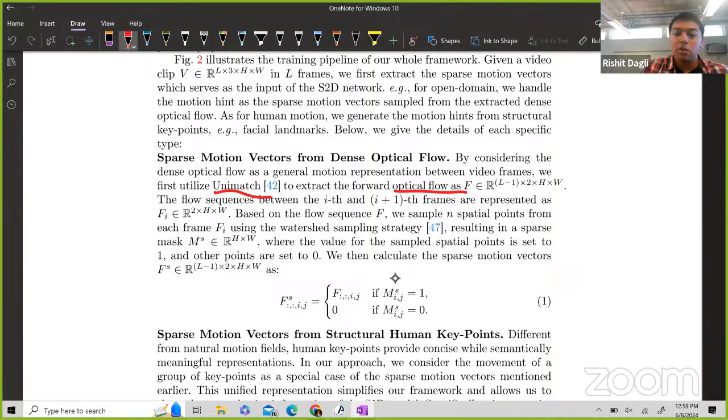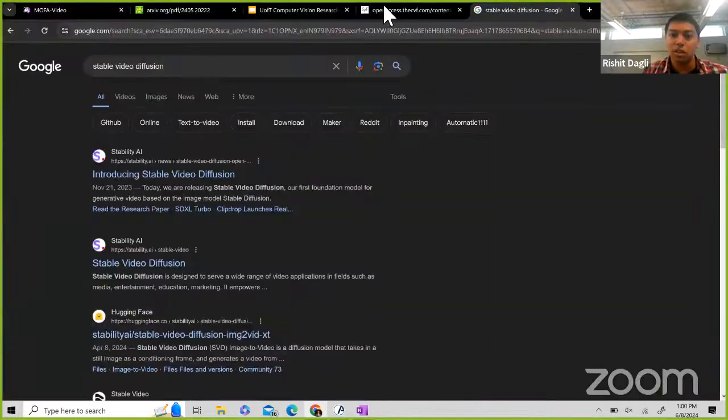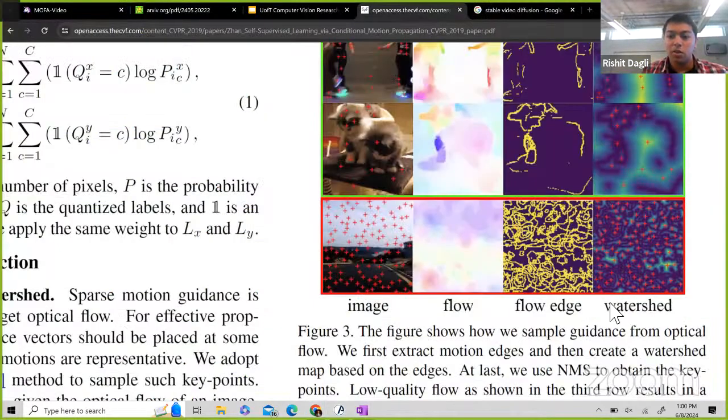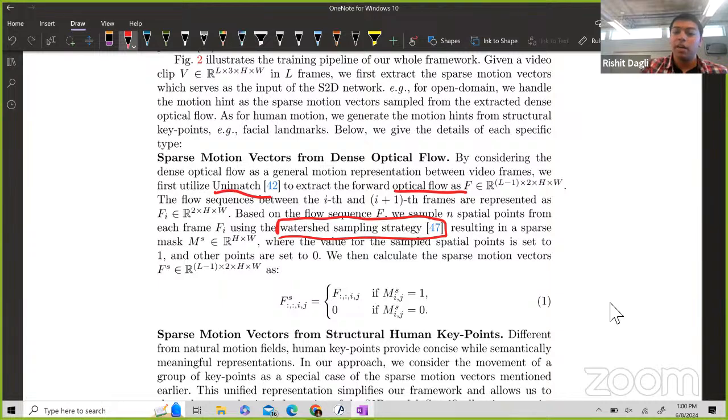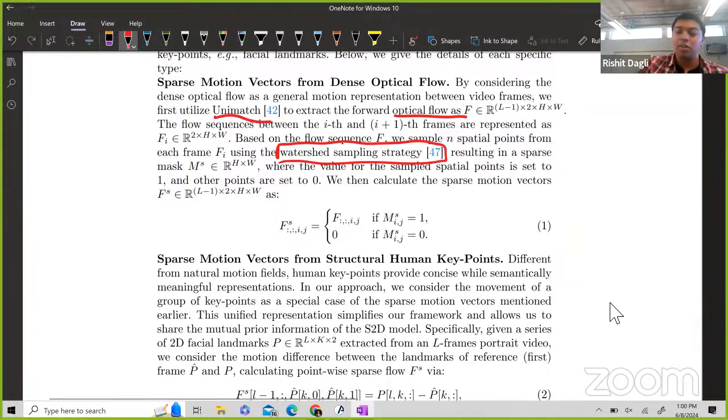Once you get the optical flow maps, you use this watershed sampling, which is the figure I was showing over here, to get sparse masks. Then you have your S2D network to get the dense maps, and then you can use that fusion network and warping network.